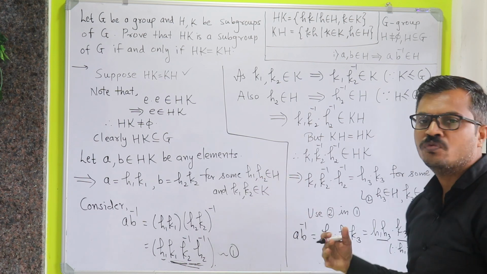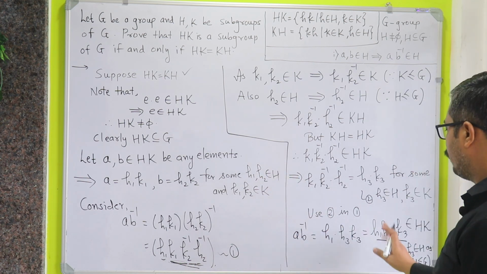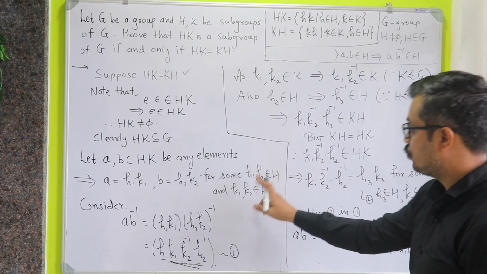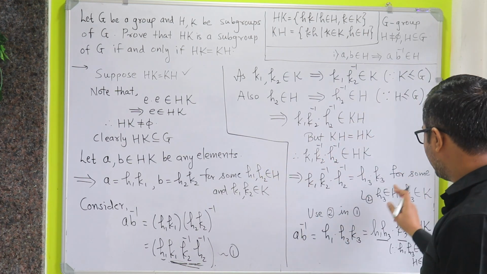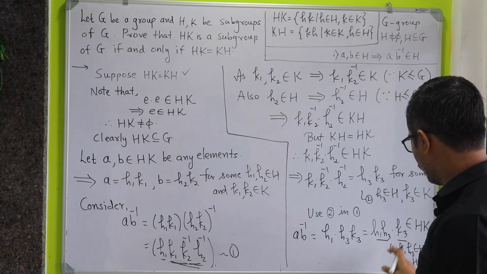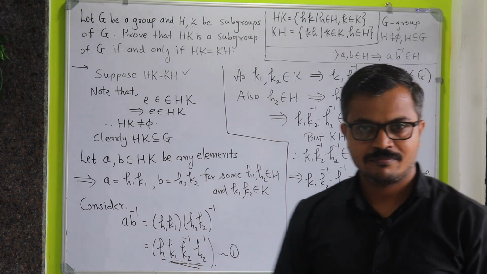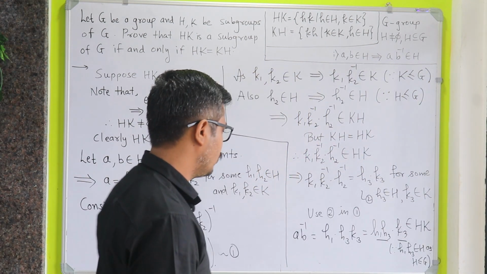Here H1 was a member of H and H3 is also a member of H, so this H1 H3 is also a member of H, right?